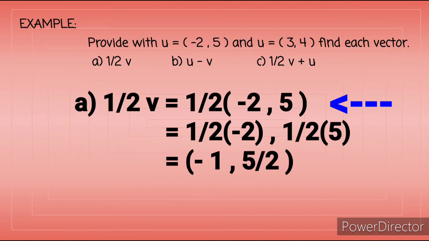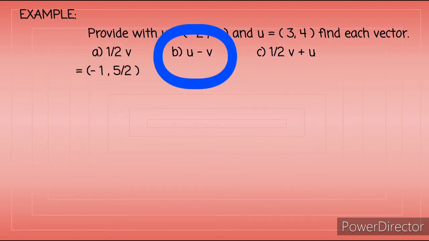Remember, when multiplying a vector by a scalar, we need to multiply each component of the vector by the scalar. So, (1/2)v = (1/2 times -2, 1/2 times 5) = (-1, 5/2). Let's proceed to letter B. u - v.